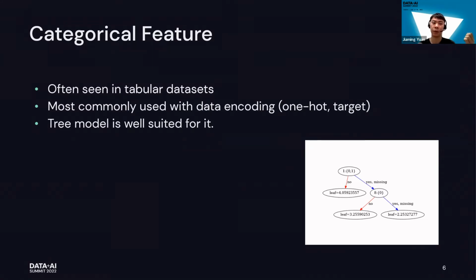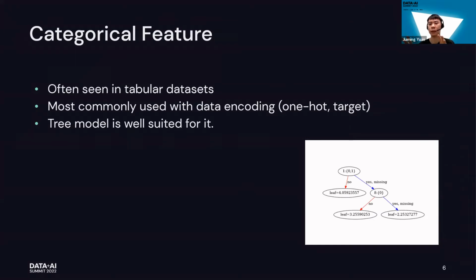Another type of support is to handle the categorical feature by the machine learning training algorithm itself, and we can build a machine learning model that specifically handles categorical feature. One of the best models for categorical feature is the decision tree model. On the bottom right corner, you can see an image of a small decision tree.